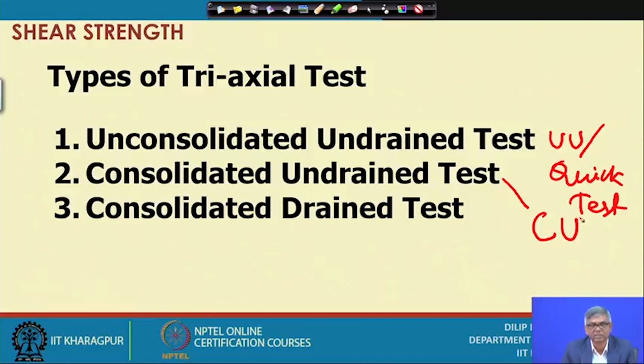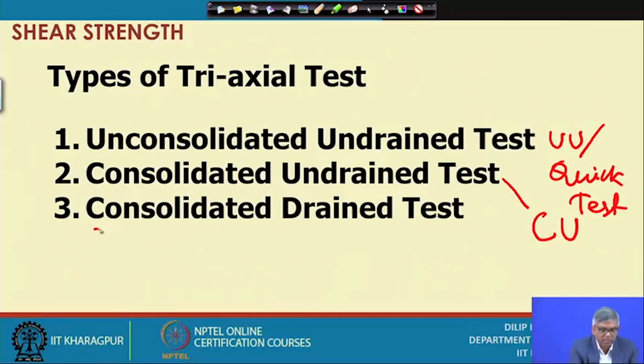That means we have to shear it very slowly, and enough time has to be given to dissipate that pore pressure. So, in each test it has to be satisfied that there is zero pore pressure.